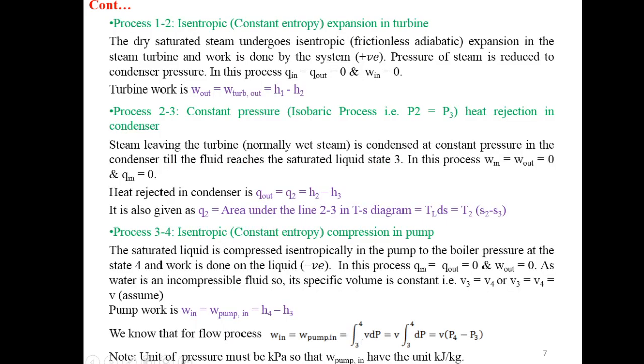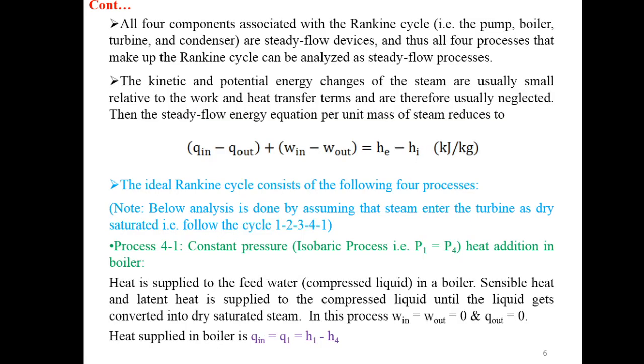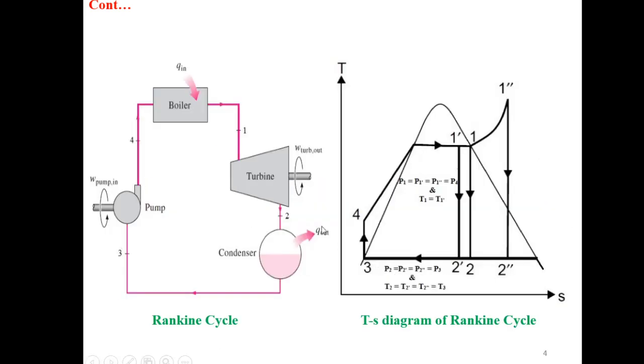Next process is process 1-2, isentropic constant entropy expansion in turbine. So you can see here 1, 4. So there is isentropic expansion, that is entropy will remain the same. So here the dry saturated steam will enter the turbine, where it will strike the turbine blade and the turbine blade will rotate, due to which we will get the work turbine out, and point number 1 will become point number 2, and there is an expansion of the steam.